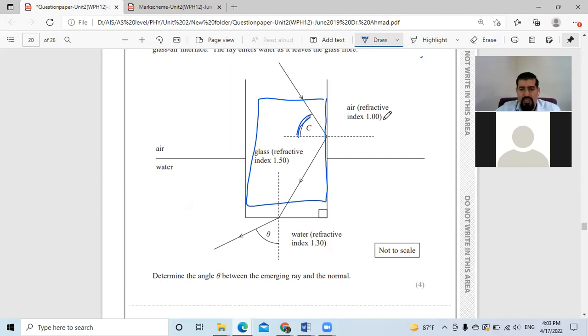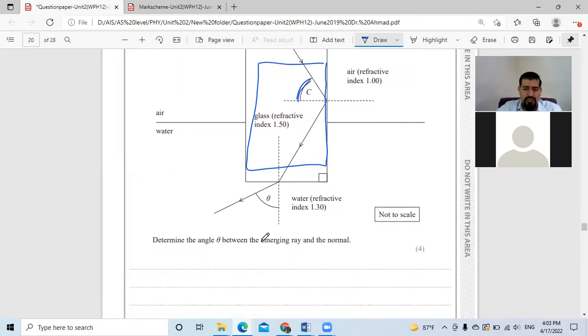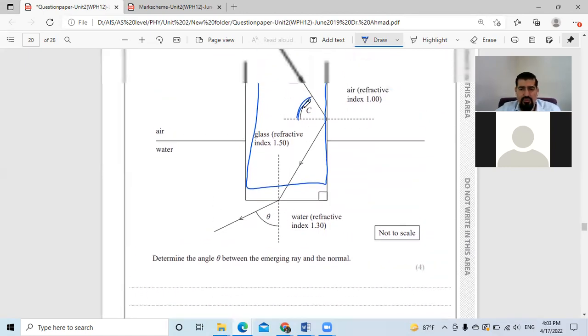They give us the refractive index of air, the refractive index of water, and the refractive index of the glass. Determine the angle theta between the emerging ray and the normal. First of all, we have to know how much is I, the critical angle, because this I in the first surface in the glass is equal to R in the first surface.